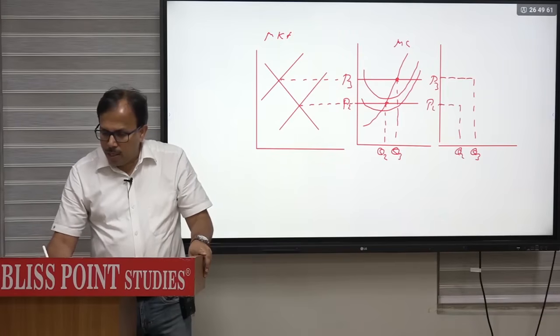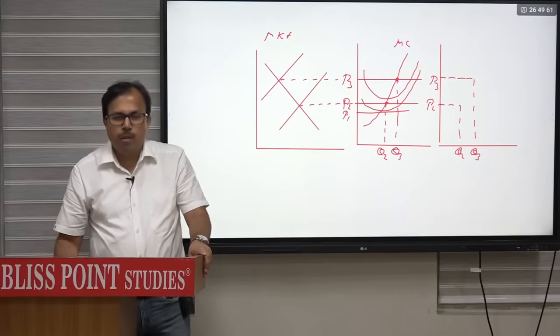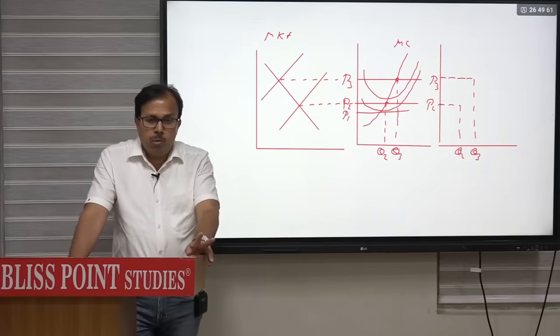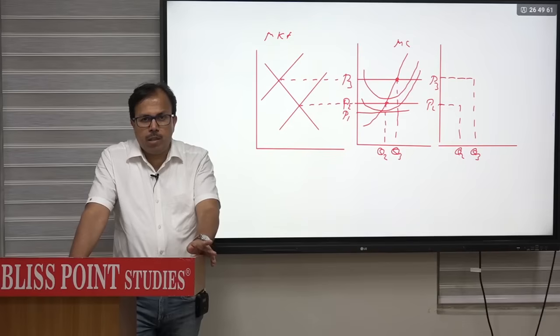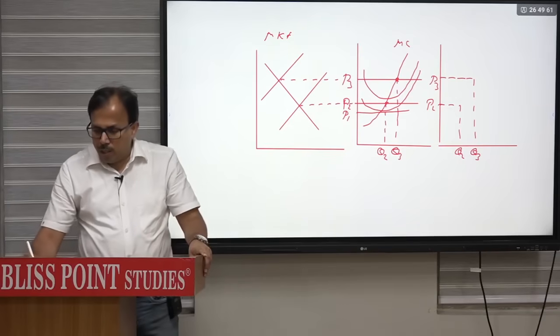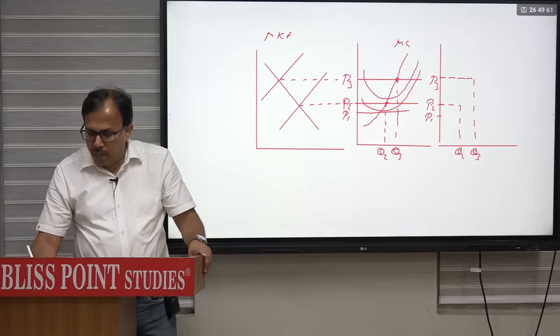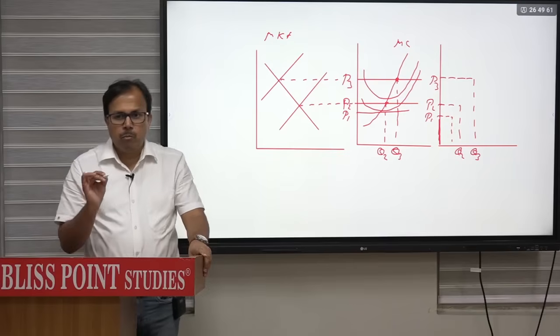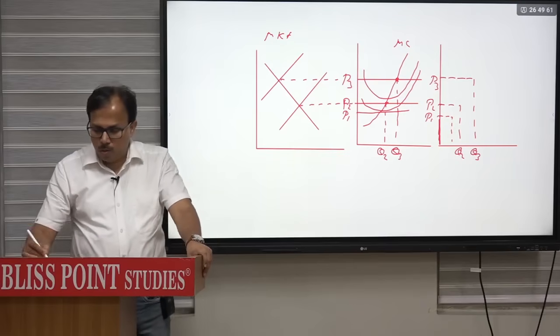As price reduces and it becomes equal to the minimum of AVC, such as P1. So if price reduces below P1, then there will be no supply because then they will be operating at a loss. Supply curve actually you can draw only till P1, and below P1 it is coinciding with the y axis, implying that quantity supplied will be 0.